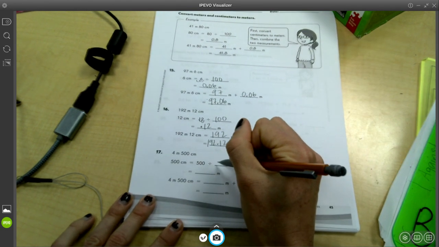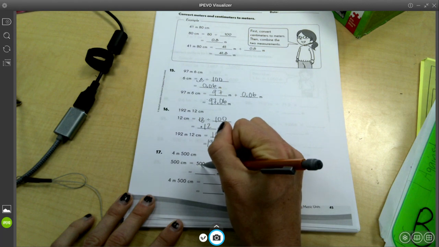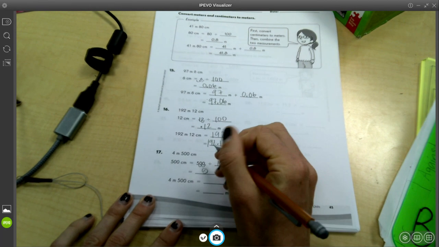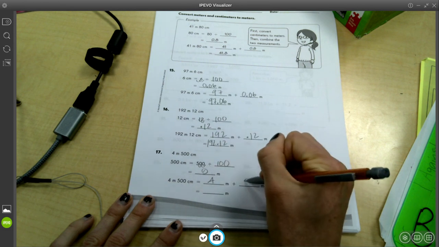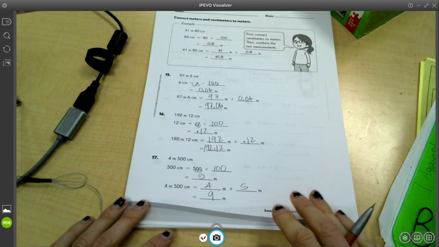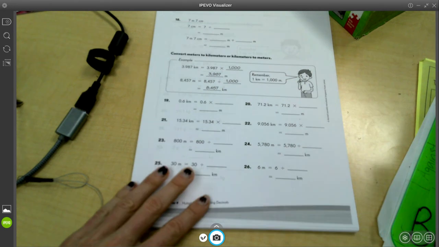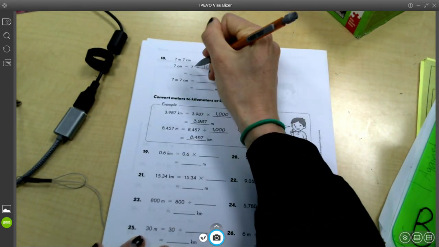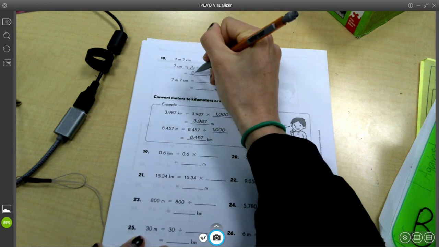Here we go, 4 divided by 100, 2. So this is 4 meters plus 5 meters, which is 9 meters. All right, last one here. 7 divided by 100, 1, 2.